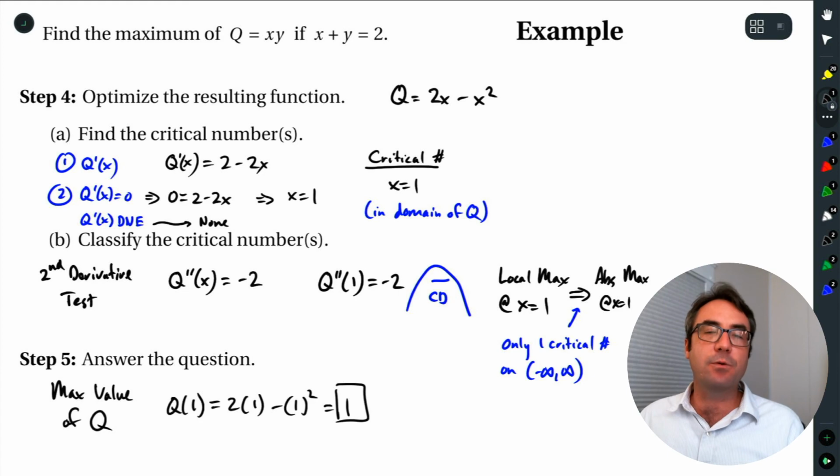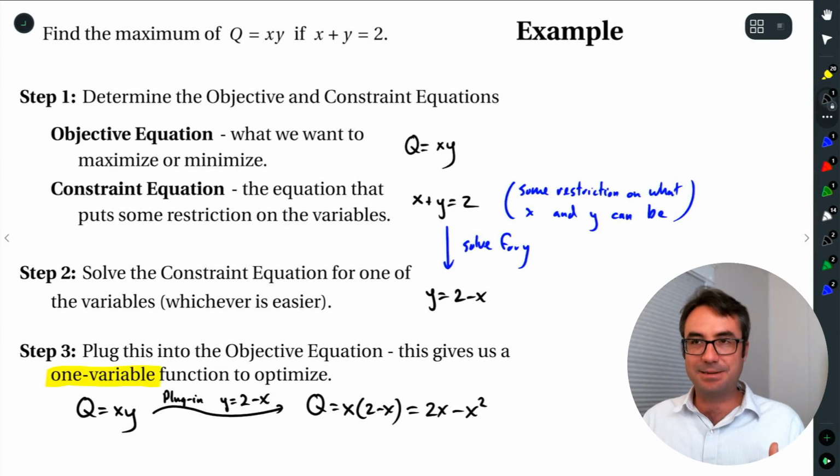So a lot of our work, apart from the calculus, is just going to be setting up these two equations. Once we get these equations, this process becomes a little more straightforward. But a lot of our work is going to be first figuring out what these two equations are. We're not necessarily going to be given these equations. So we'll see you in the next example.